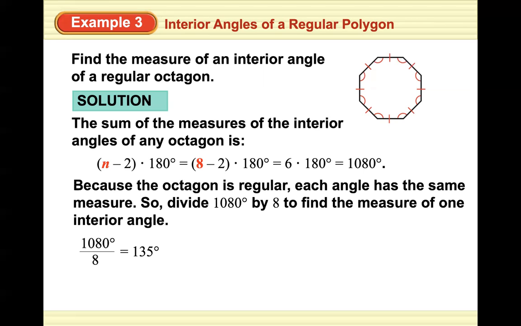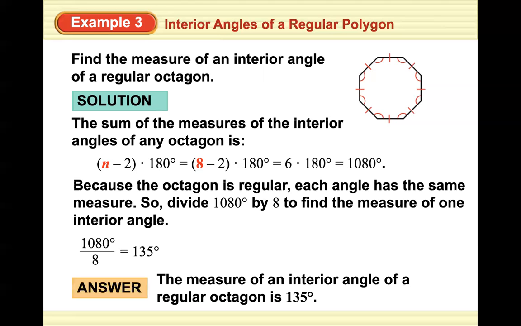So each interior angle in a regular octagon should measure 135 degrees. All of them, because they're all the same. If I don't have a regular polygon, it's hard for me to tell what the degrees are, okay? Unless I have all of them but one, like on example 2. So the measure of an interior angle of a regular octagon is 135 degrees. Each one of them is 135 degrees.